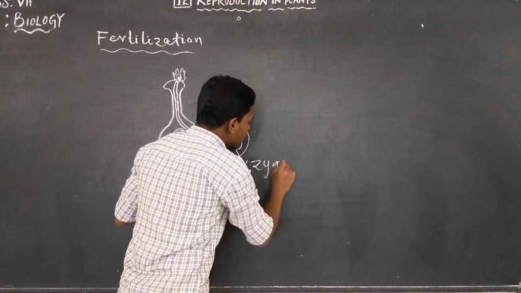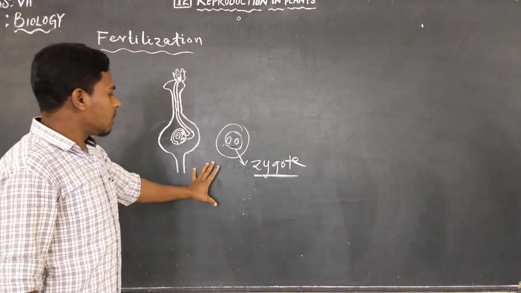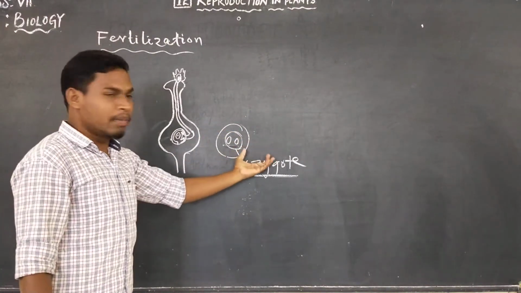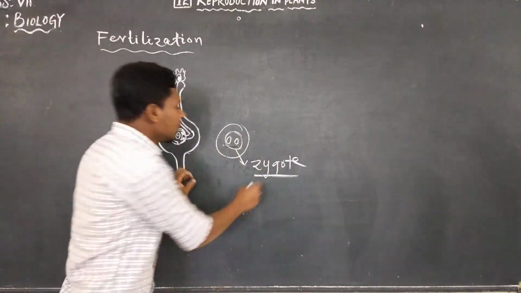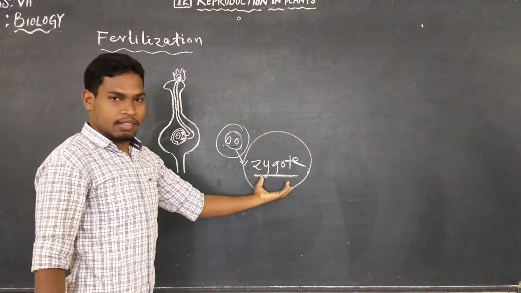Zygote. So fertilization is the fusion of male and female gamete, right? Finally, that fused gamete will generate the zygote.